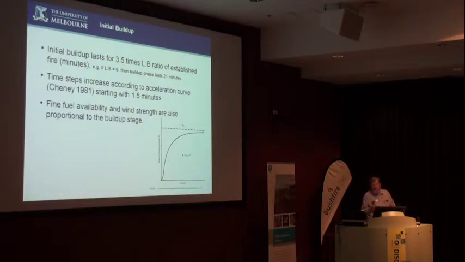Then we scale using one of those curves that Jim showed earlier. We scale both the time interval as well as the wind speed according to where we are on that build-up phase. So the build-up phase could be a couple of minutes, or it could be an hour or more, depending on that length to breadth ratio.